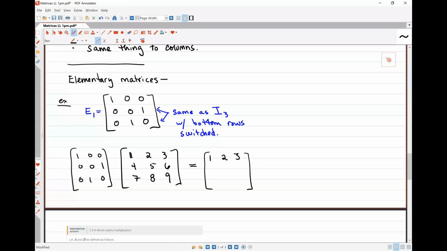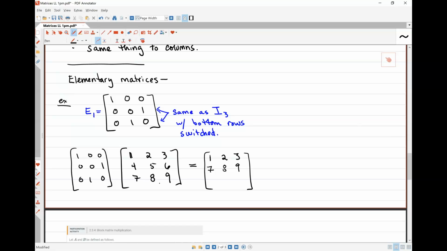Okay. Now here is where the magic happens. Let's compute along the second row of the product matrix. We're going to use the second row of the first matrix, and then each of these columns in turn. So this will be 0 plus 0 plus 7, and then 0 plus 0 plus 8, and 0 plus 0 plus 9.